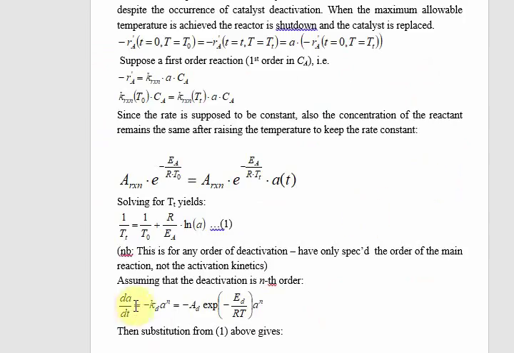So we are saying the rate of change of active sites equals the loss due to the deactivation reaction. And so we are taking a k_D times a to the power, and we don't know what the reaction order is. Let's just for now say it's n. So this is an nth order loss of activity. We could propose anything here.